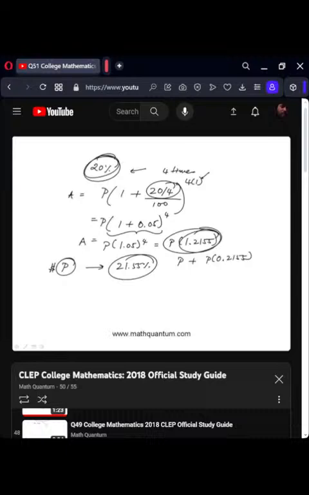Because it's really 1 plus, that means a change of 21.55%. Looking at the answers, this is closest to 21.6%, answer choice B.